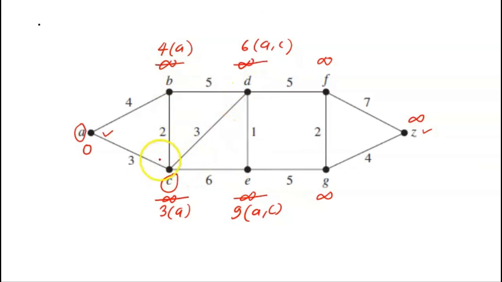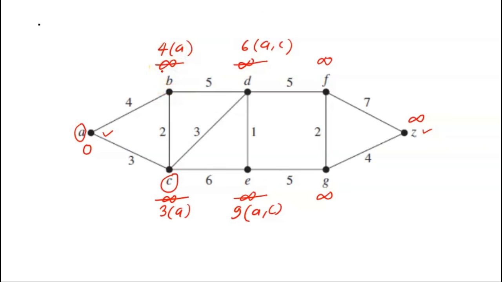Now look at this carefully. The B vertex is adjacent to C, but if I go from A to C and C to B, the distance will be 3 plus 2, that is 5, which is more than 4. So we are not going to relabel the vertex.